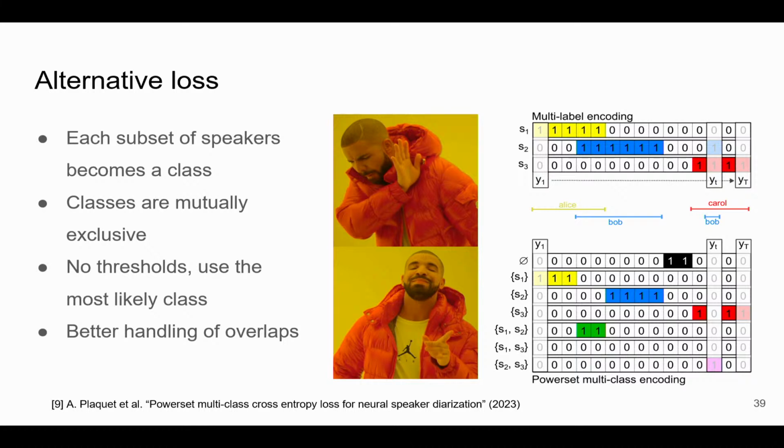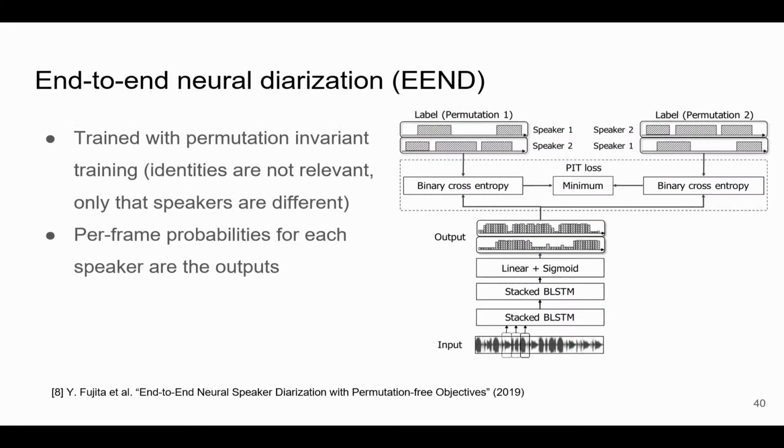The classes are also mutually exclusive, so now you don't need to rely on a threshold. You just need to pick whichever has the highest probability, and that will be your output. That brings quite a few benefits, especially when handling overlaps.